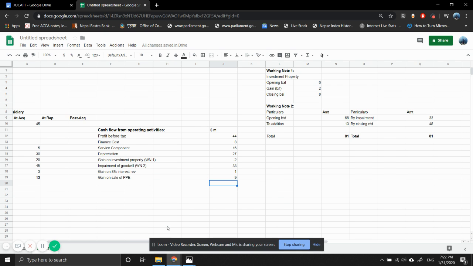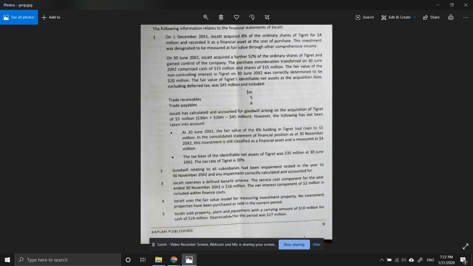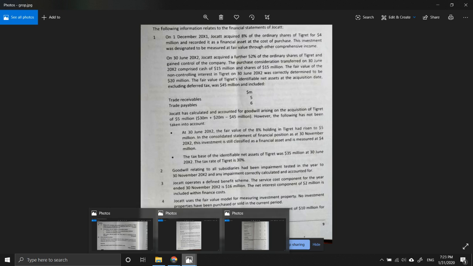So what about changes in working capital? No. First thing, how much did we pay for them? Defined benefit obligation. How much did we pay? That is also a cash out, right?